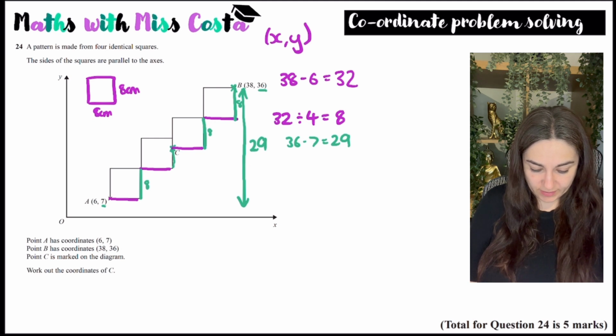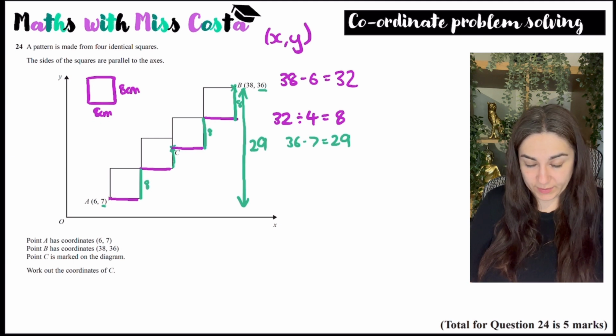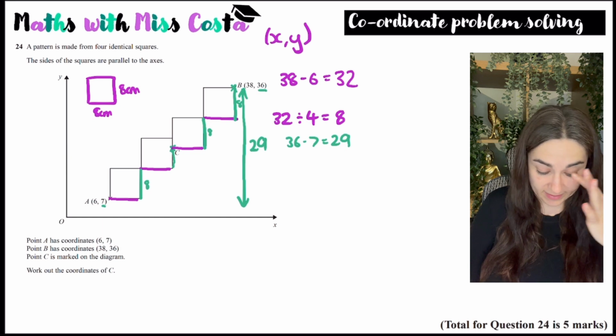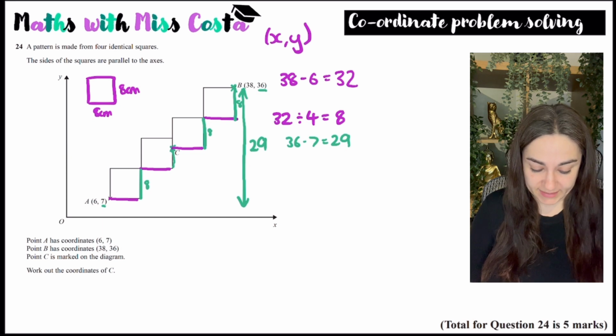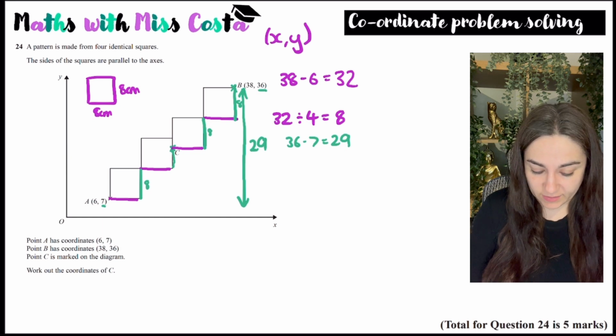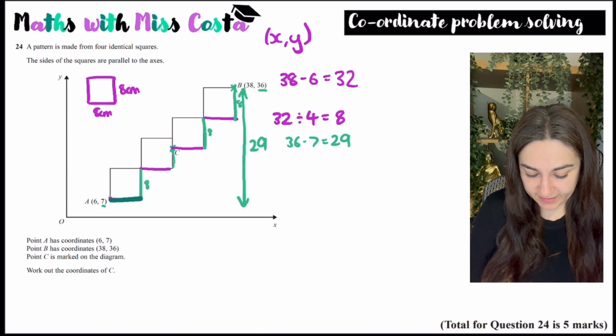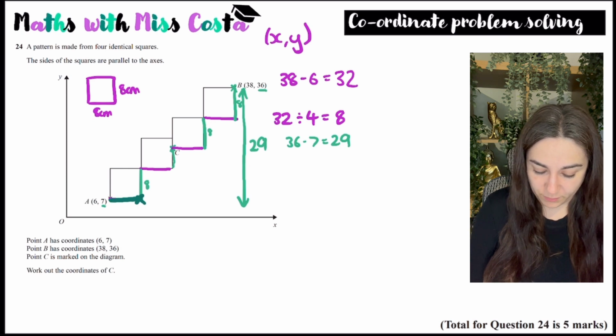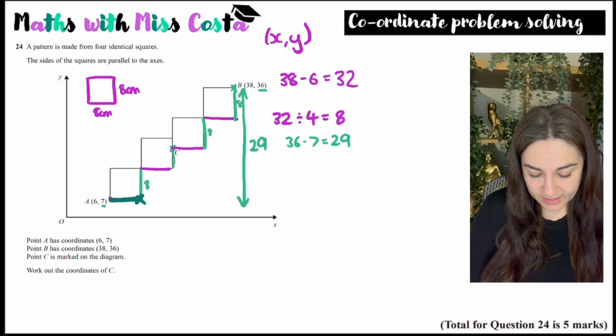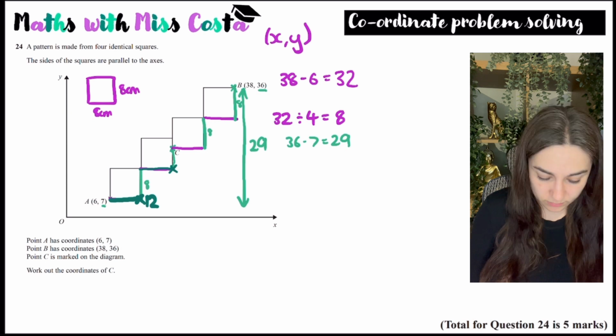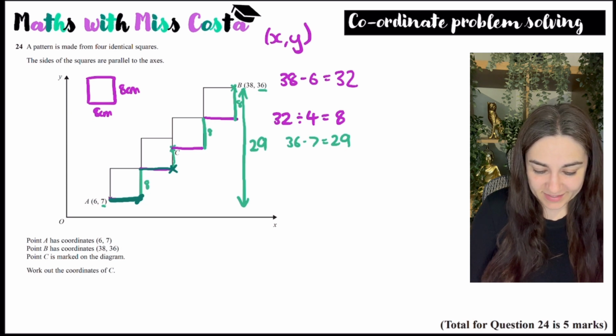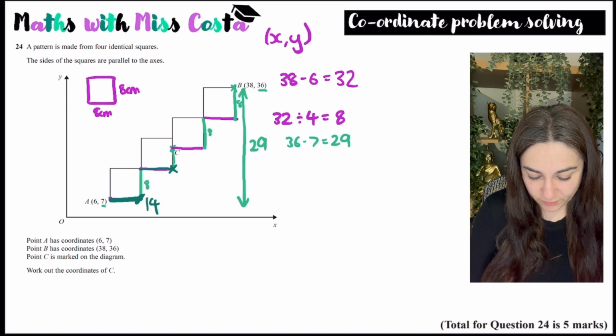Okay, so using that knowledge, can I do anything to help me work out what the coordinates of C are? So my x coordinates, I know they start at 6. So 6 plus 8 is 14.